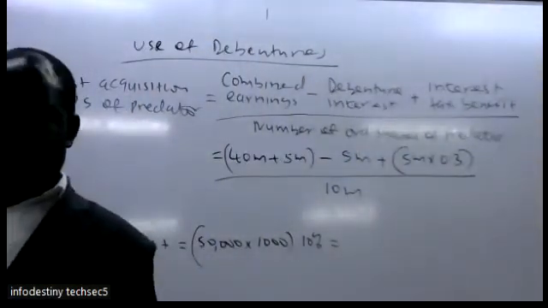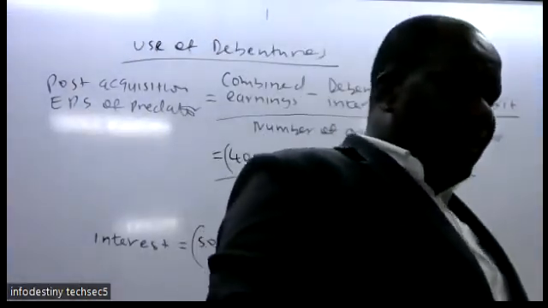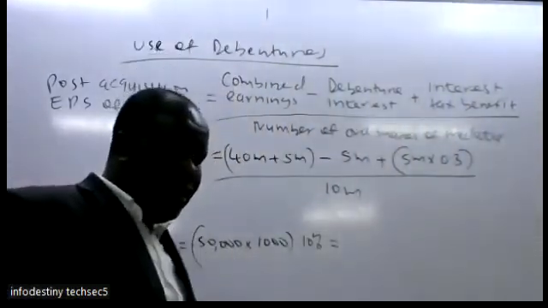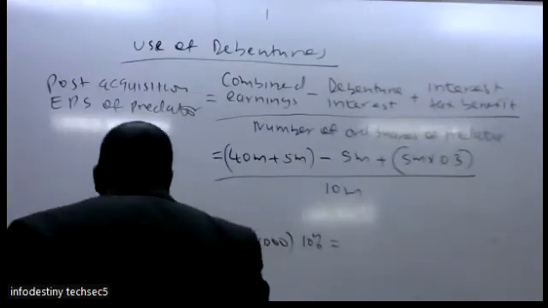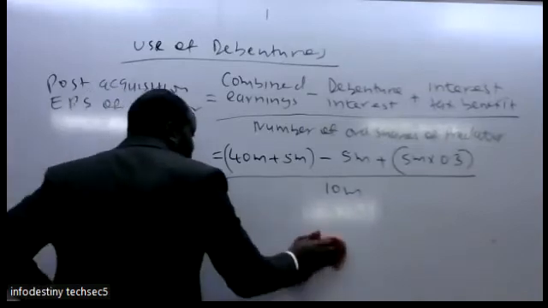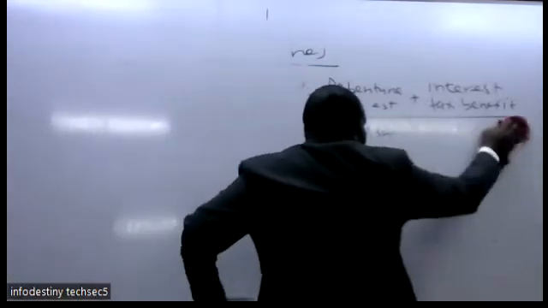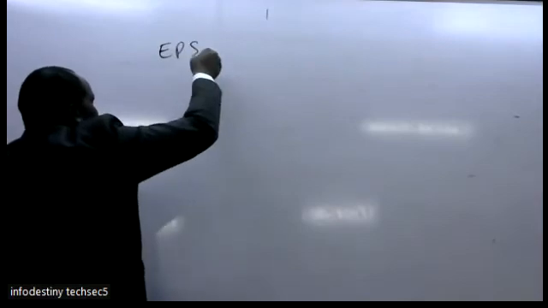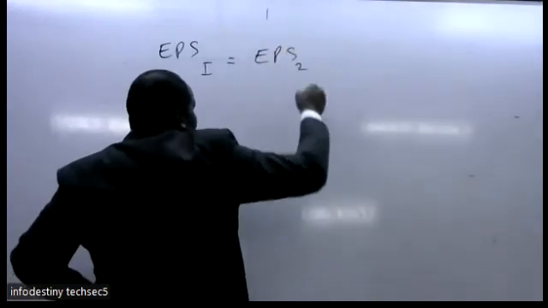The level of the combined operating profit that Kubwa Limited will be indifferent between financing option 1 and option 2 is the same as the point of indifference. At the point of indifference, earning per share for option 1 will be the same as earning per share for option 2.